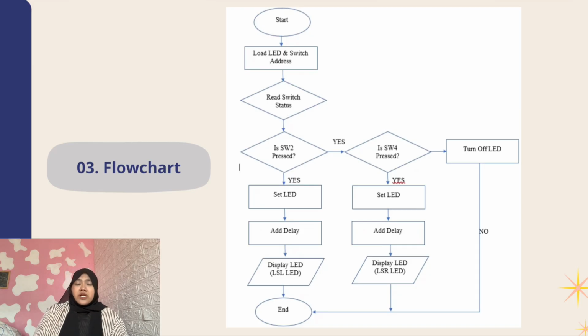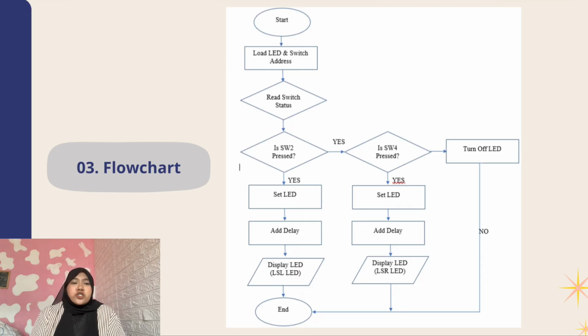If the user presses SW2, the answer is yes, the program moves down, sets the LED, and adds a quick delay. We need that delay because the processor moves way too fast for the human eye. So the delay holds the frame so we can actually see the logical shift left pattern move across the LED. Then it hits the end. But what if SW2 is not pressed?